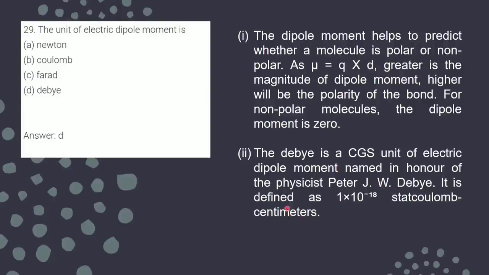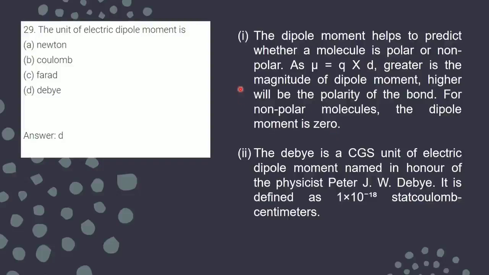You should know the importance of the dipole moment, why we are talking about dipole moment all the time. Of course, it is going to decide whether your molecule, like we have discussed with dielectrics, is polar or non-polar. Greater the magnitude, higher is going to be the polarity, and of course for non-polar molecules the dipole moment is 0.